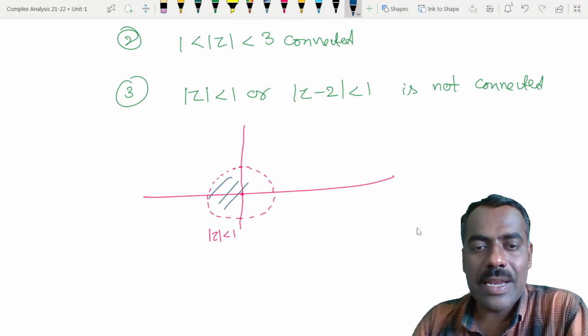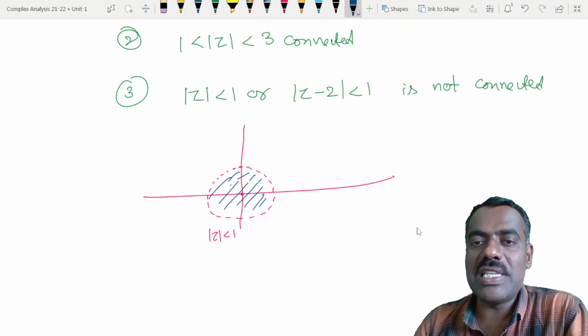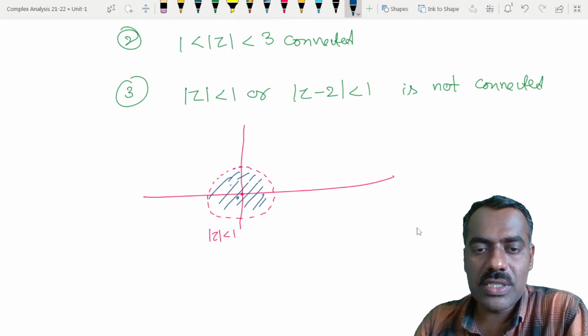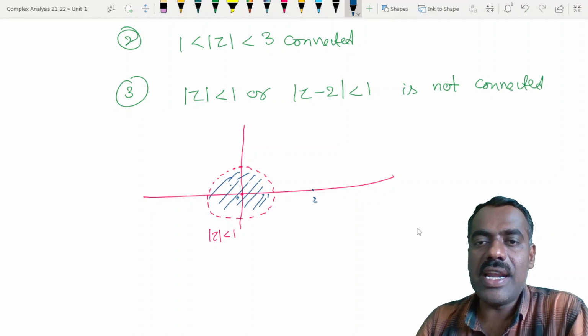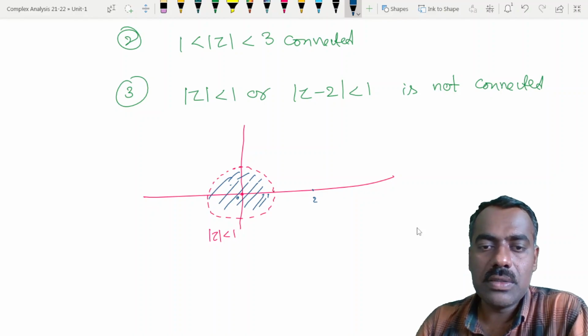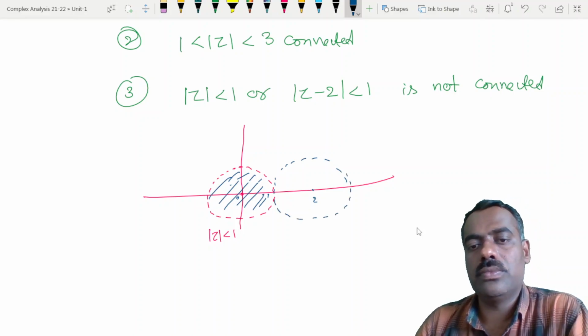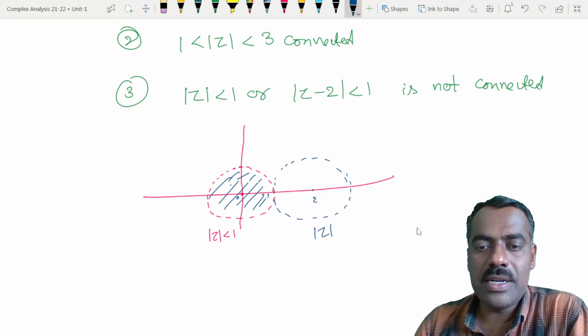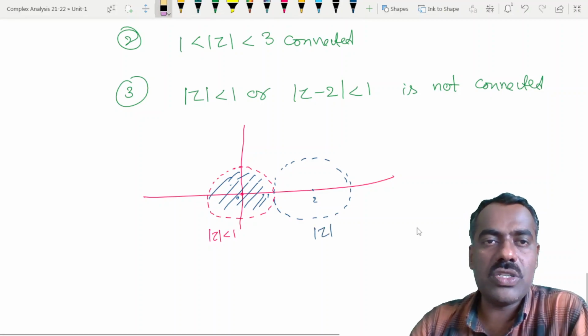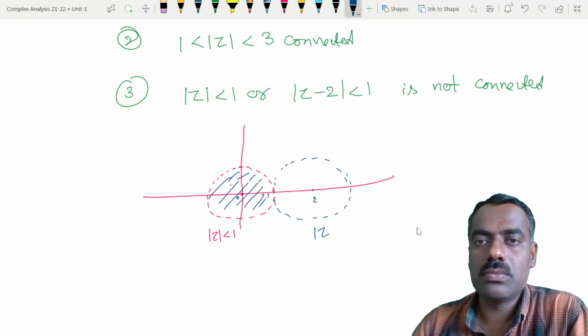The center is 2 and the radius is 1. So if this is 0, this is 1, and here is 2, with radius 1, you will get a disk like this. This is mod z minus 2 less than 1.